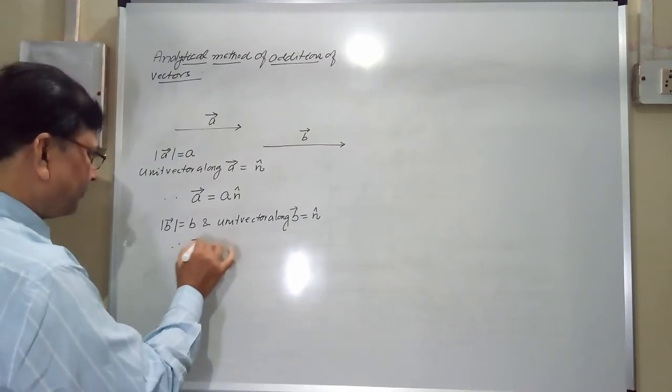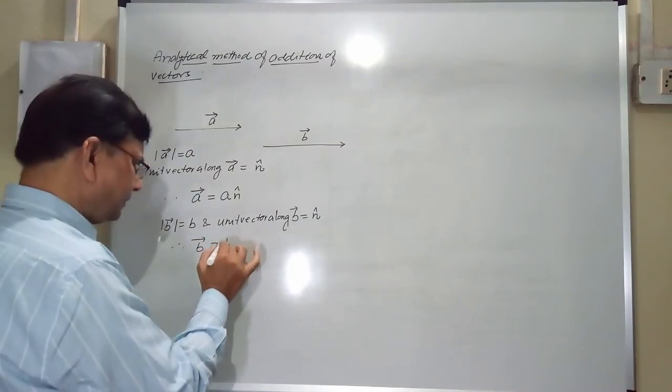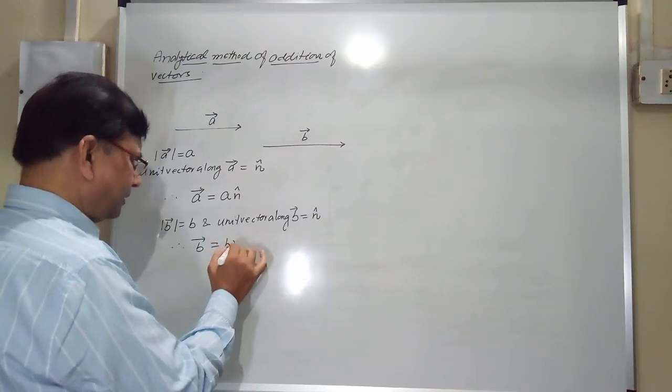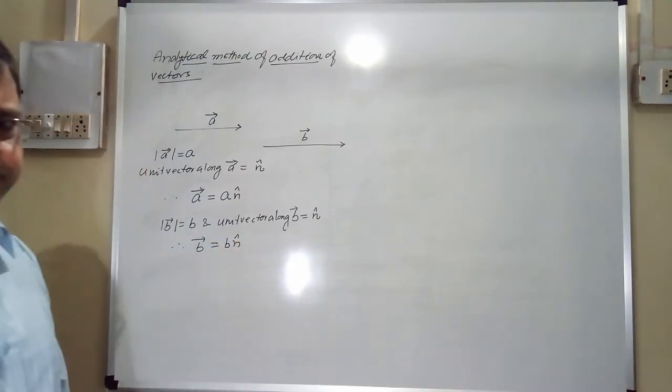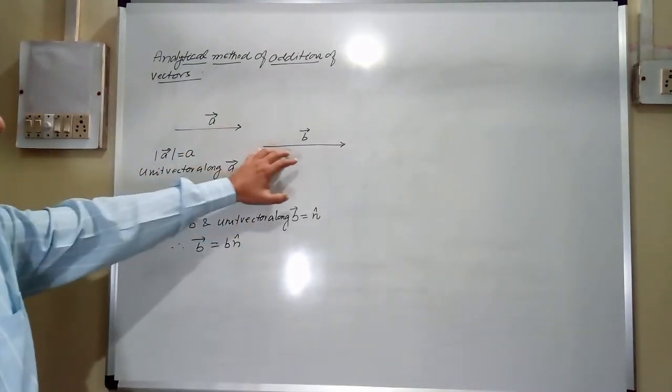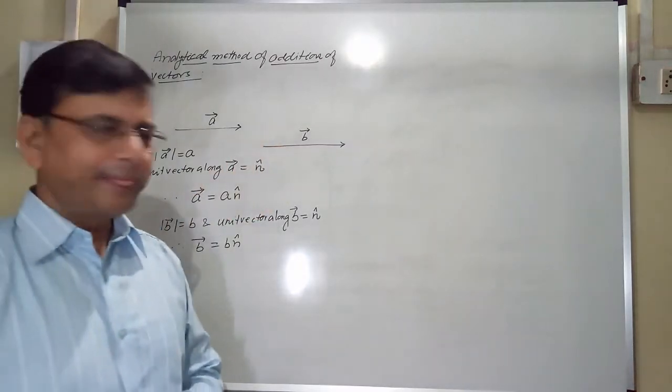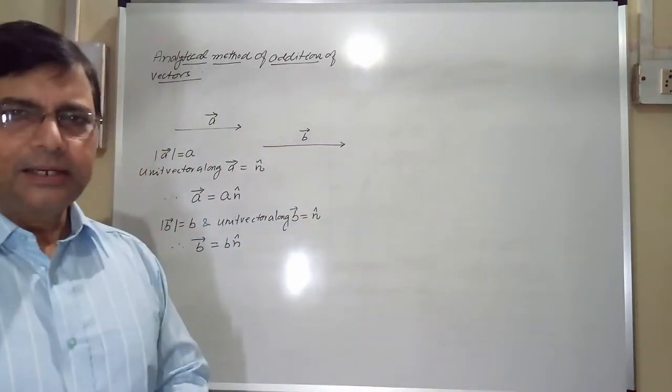Therefore, the vector B is represented as magnitude and the unit vector.